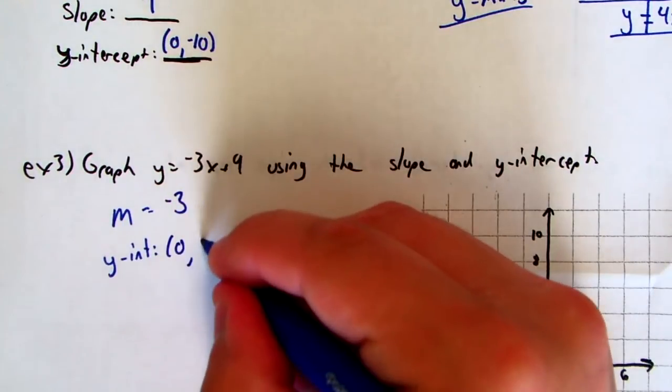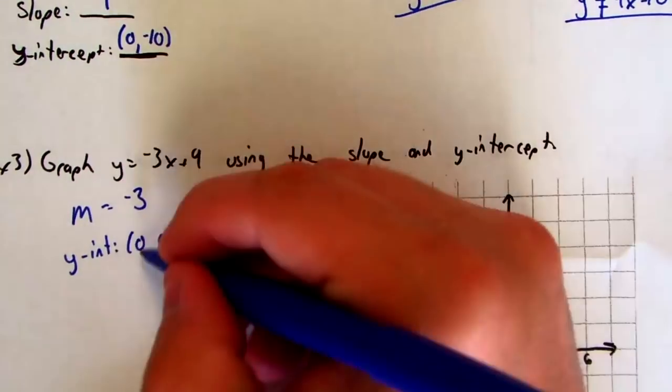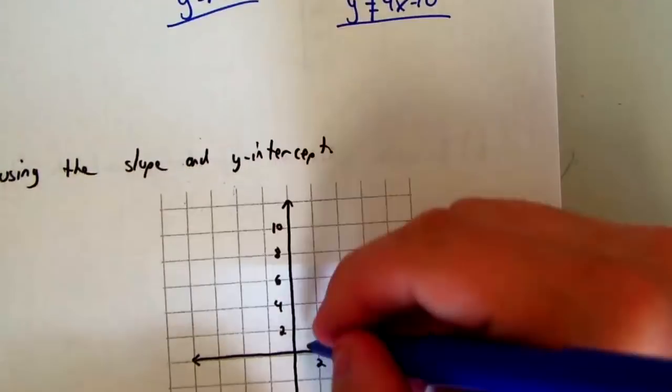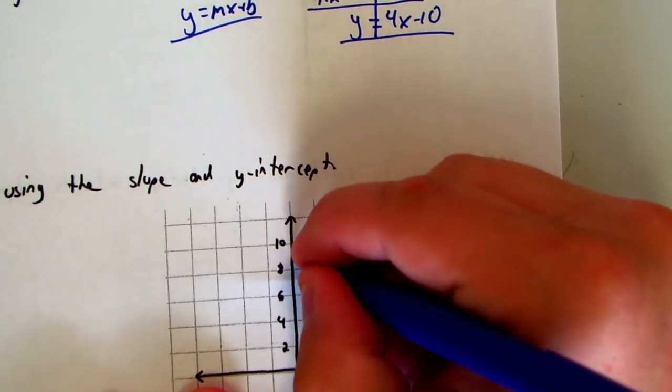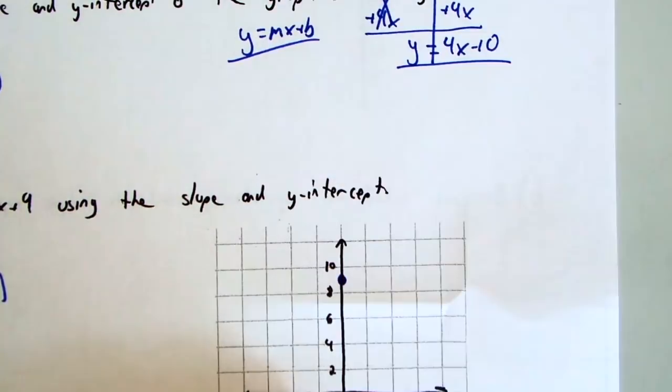The y-intercept is at (0, 9). So I'm going to plot this ordered pair. (0, 9) is going to be along the y-axis between 8 and 10, so right here.